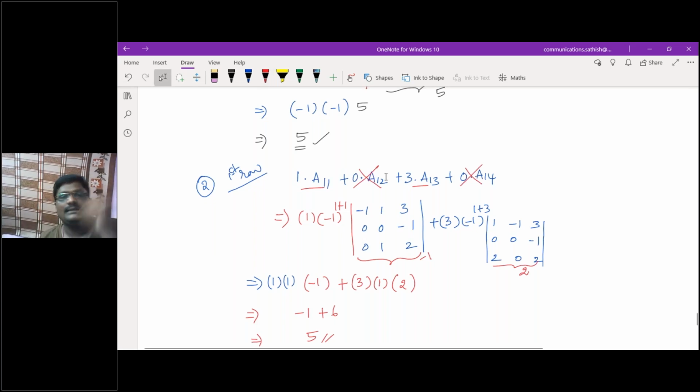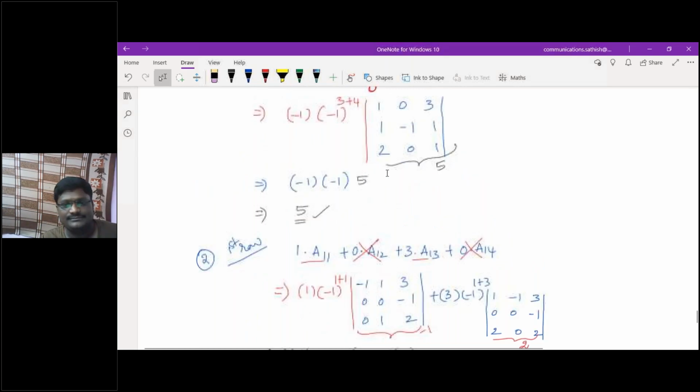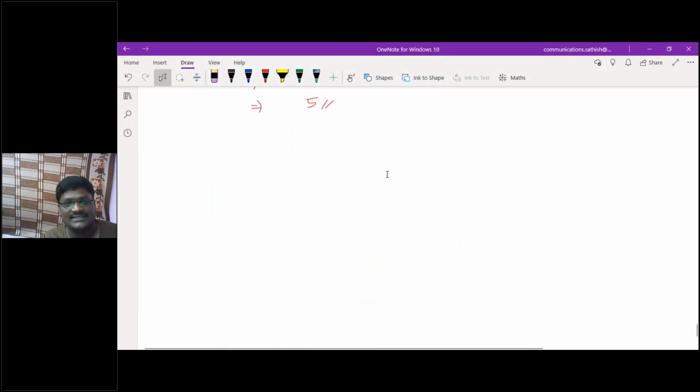Yeah, next problem number 5, which is a good question. Can you try the answer for this? Question number 6 or 5? 5. Note down the question.